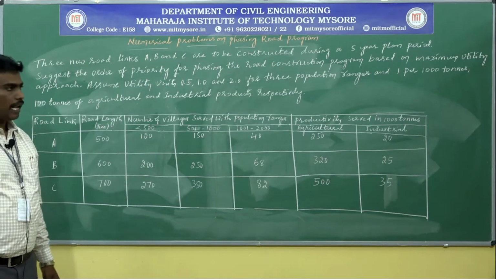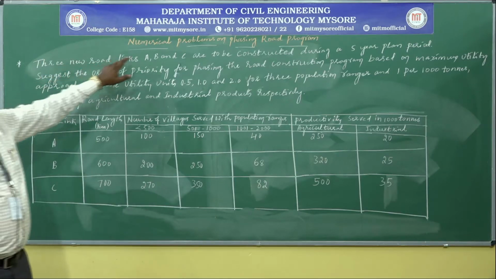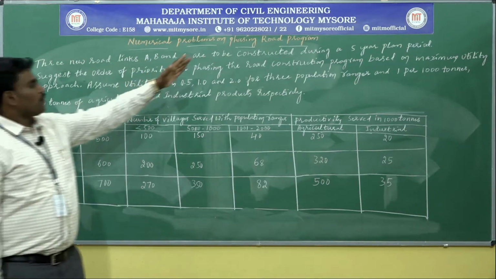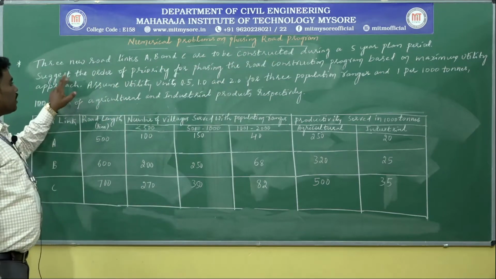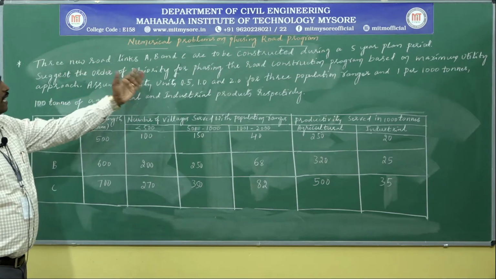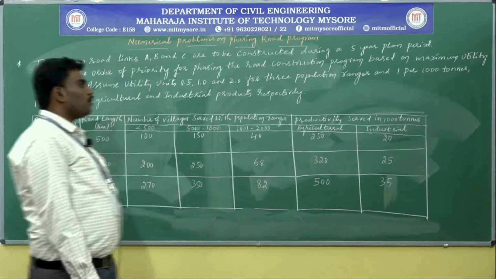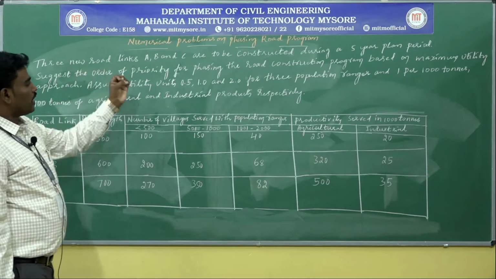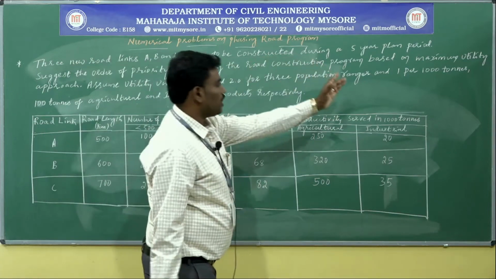Is it clear? I will repeat the problem. 3 new road links A, B, C. See here in the first column, road links A, B, C are to be constructed during a 5-year plan period. Suggest the order of priority for pacing the road construction program based on maximum utility approach. Assume utility units 0.5, 1 and 2 for 3 population ranges.